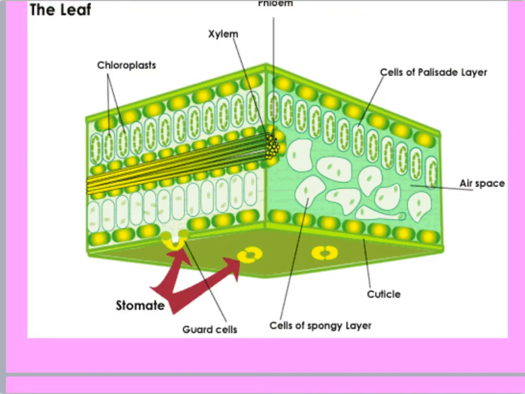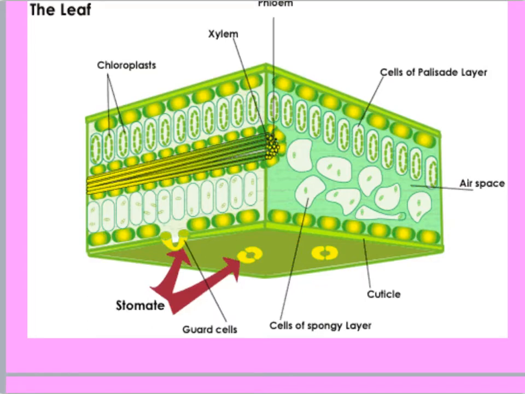So this is just another picture, a little bit different. This picture is actually a cross-section of a leaf. So it's got lots of different tissues in it. This is not just a cell. This is a picture of many cells. A couple things I want to point out to you.